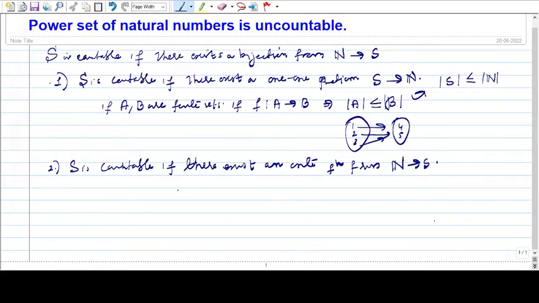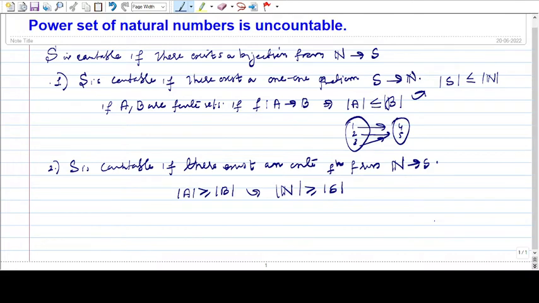If A and B are finite sets, and if f is an onto function from A to B, then definitely the cardinality of A must be greater than or equal to the cardinality of B. Here we have the cardinality of N greater than or equal to the cardinality of S, which gives the best logic to understand the countability of S here.